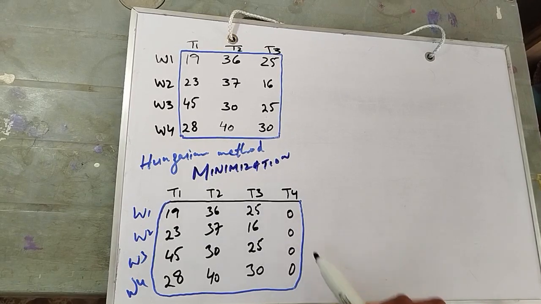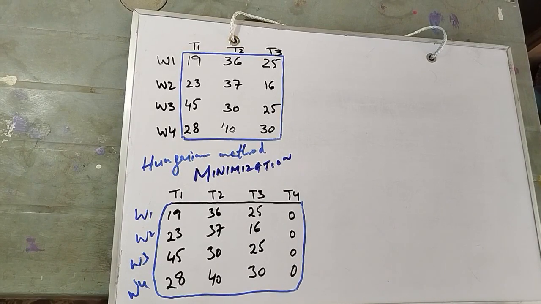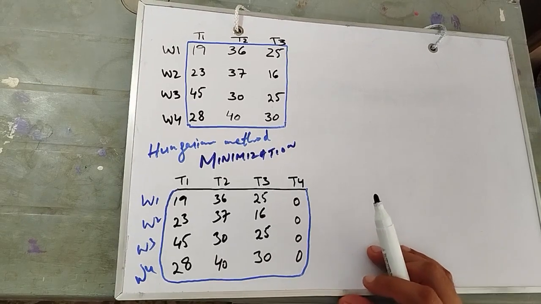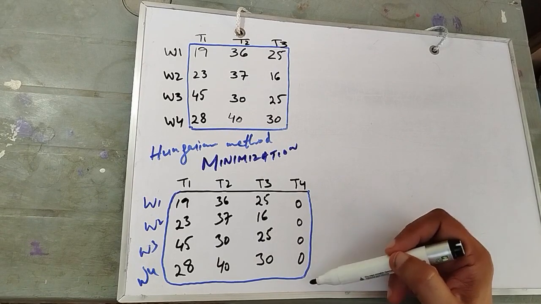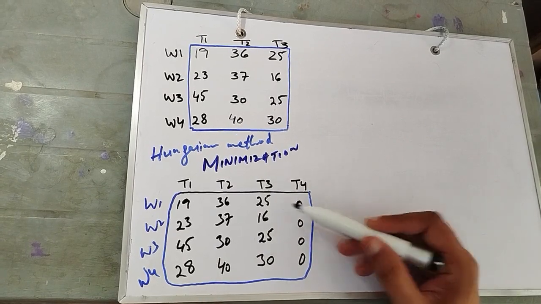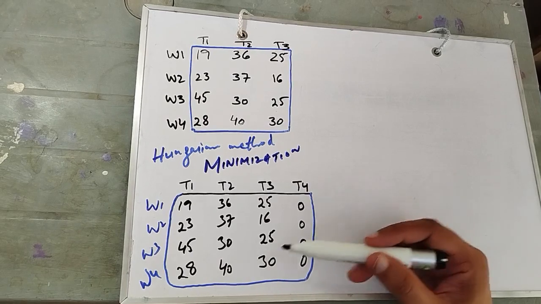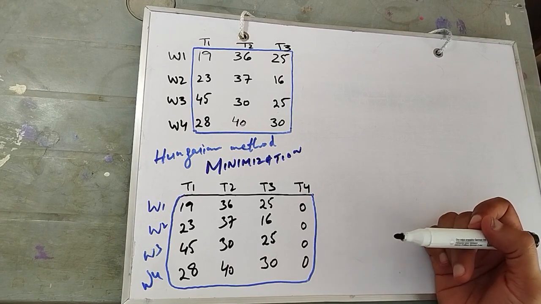In every row we will find 0, so there is no need for this operation. Why? Because every time we go for it, we would get 0. 0 would be the least in this row, this row, this row, and this row. So there is no need for row reduction.